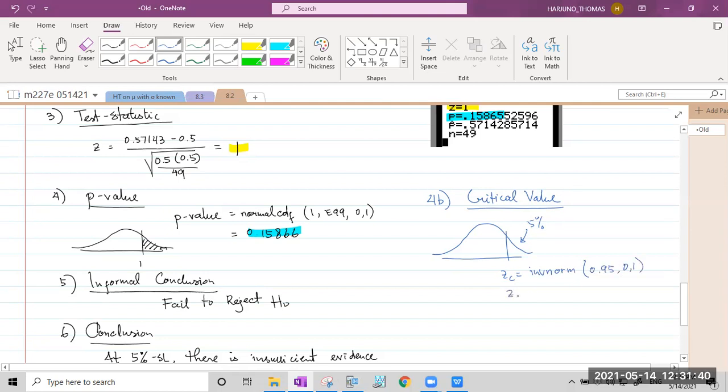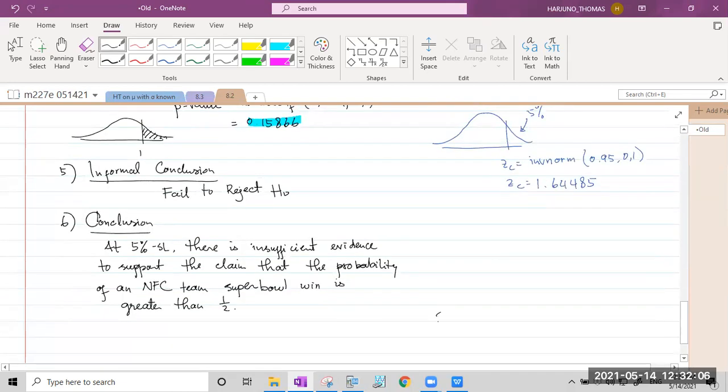I believe that's 1.64 something. Yeah, 1.64485. Okay, so it's just applying formulas again for your test statistic.